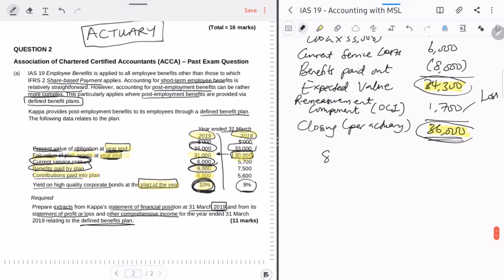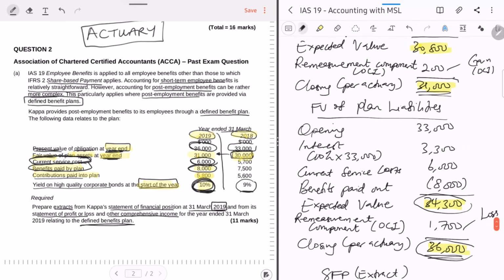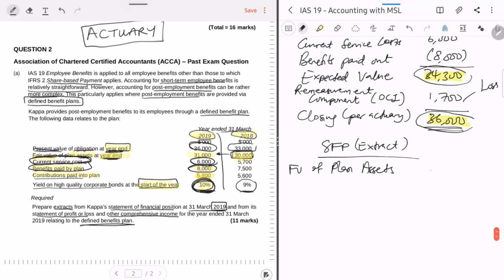So, statement of financial position extracts will show what? Fair value of plan assets. What did I get? 31,000. Then my fair value of plan liabilities. What did I get?